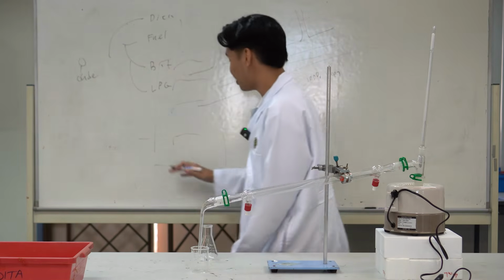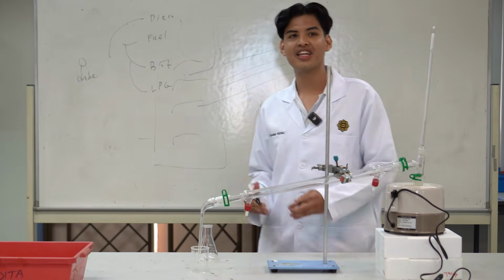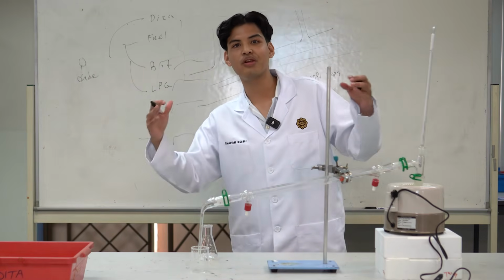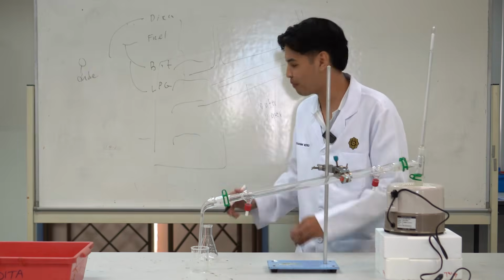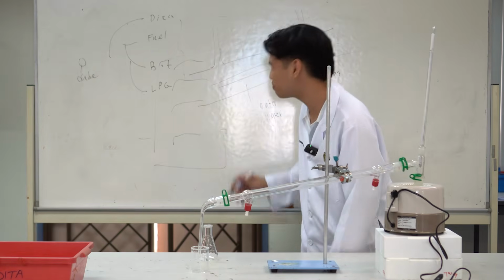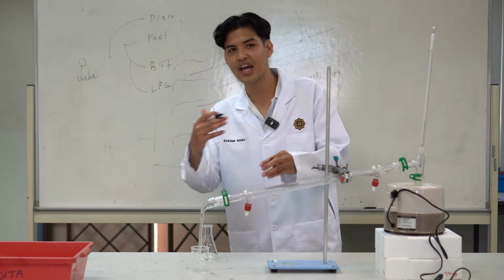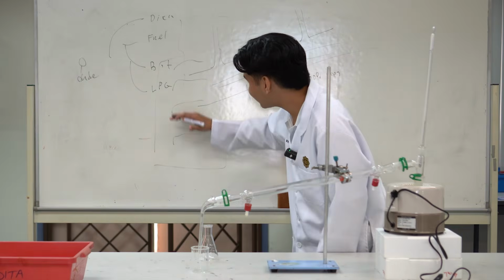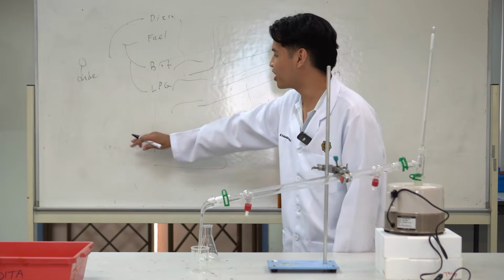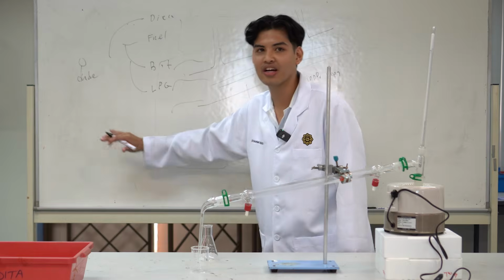The distillation column, or fractionation column, is like a building that has many floors, but here we call them plates, which will condense the vapor of the crude oil.